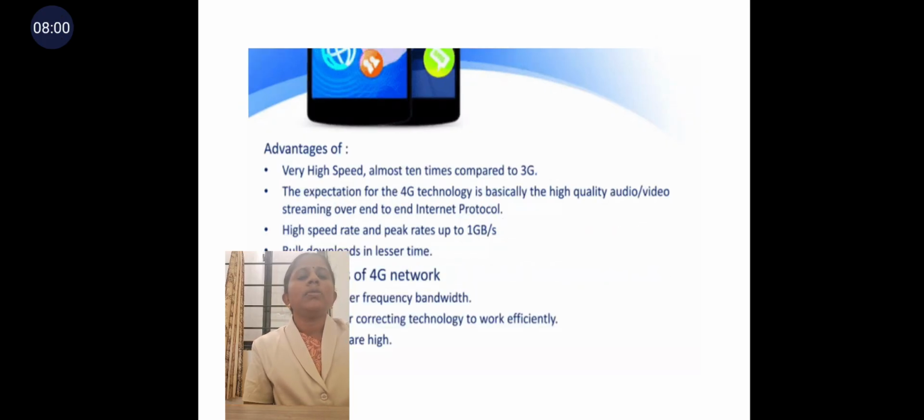The advantages of 4G are very high speed, at most 10 times compared to 3G, and high quality audio and video streaming over end-to-end internet protocol, with peak rates up to 1 gigabit per second and lower latency. The disadvantages are limited frequency bandwidth, that error correcting technologies must work efficiently, and the hardware cost is also very high.